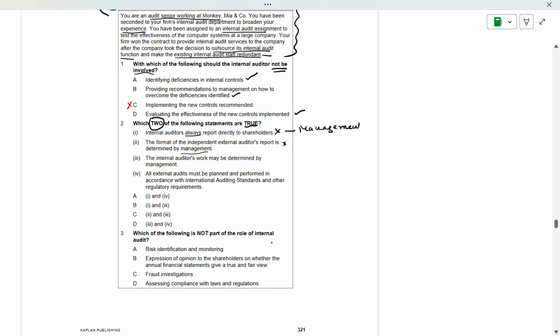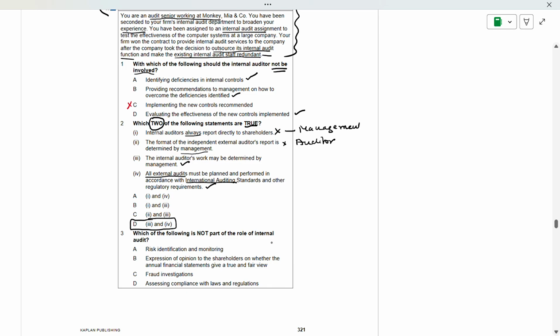It is not dependent on the management, it is determined by the external auditor. The internal auditor's work may be determined by management. Good. All external audits must be planned and performed as per the ISAs and the regulatory environment. All external audits. D. The answer is D.